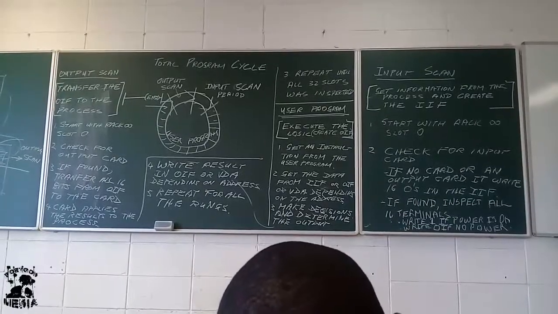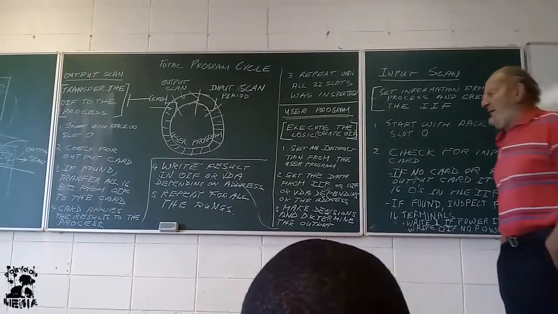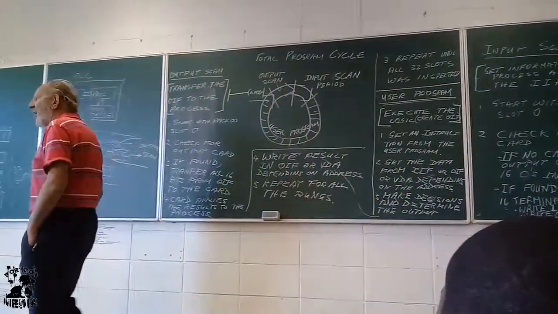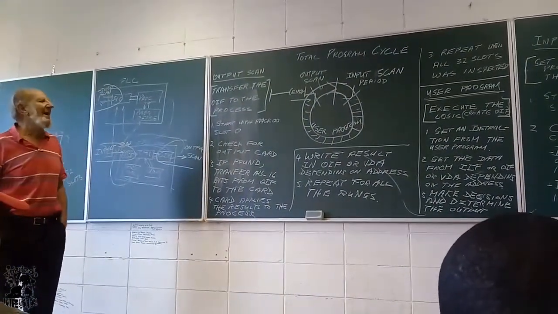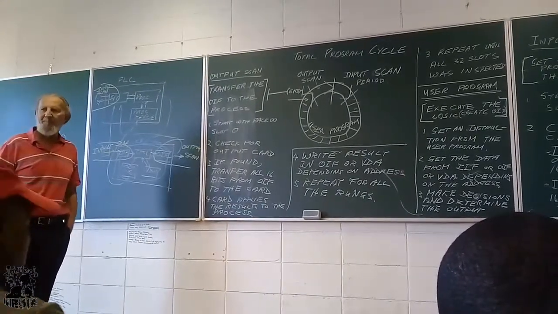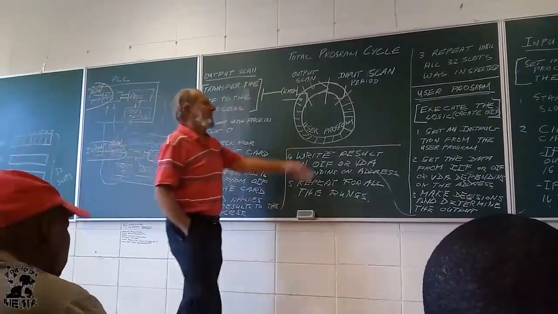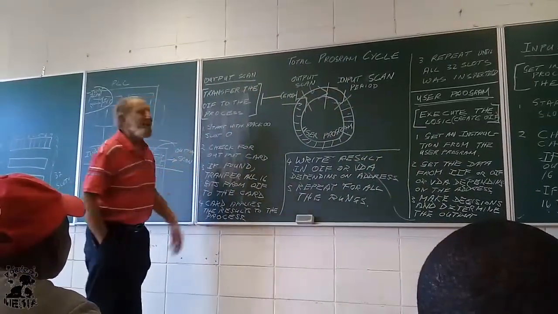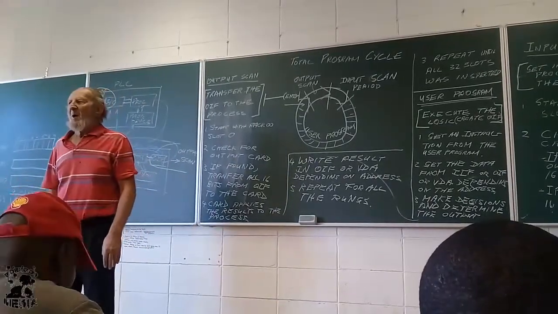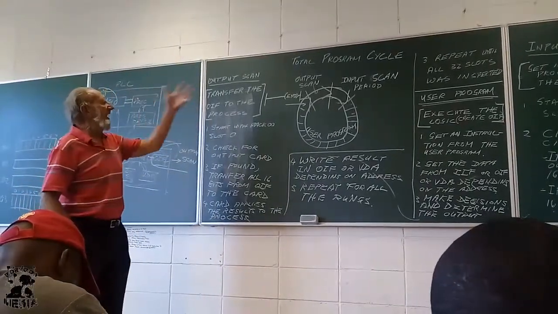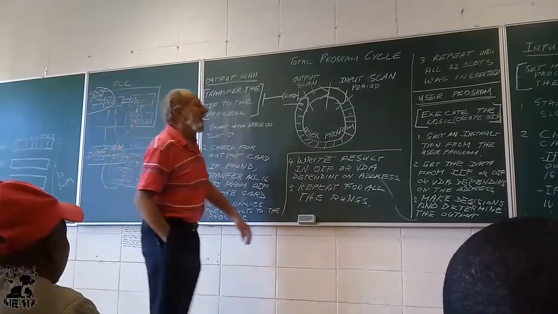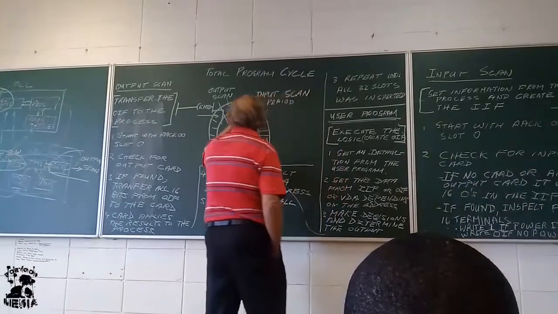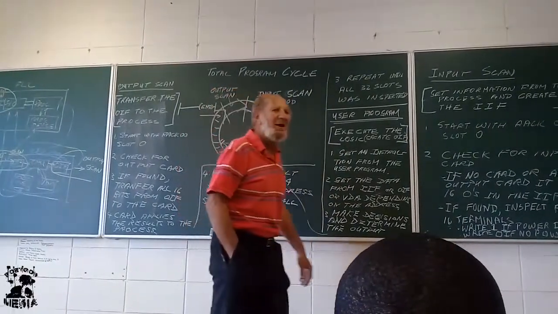The questions here can be different. I can say, sketch the total program cycle and then explain the input scan, or explain the user program, or explain the output scan. Or I can say, sketch the total program cycle and give a short explanation of each period in the cycle.